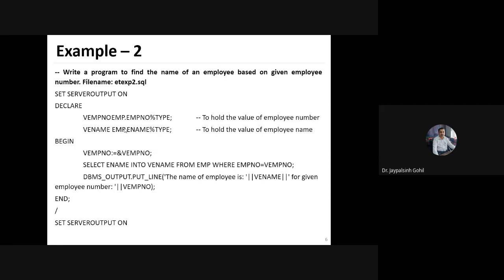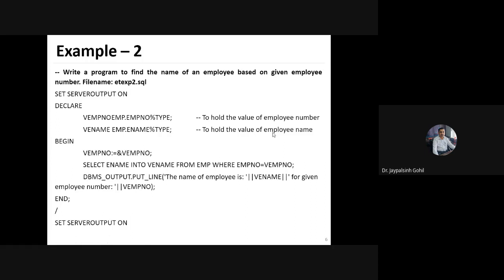If you see carefully, I have declared two variables, v_employee_number and v_ename, and I have used anchored declaration of variable. The first variable will hold the value of the employee number and the second variable will hold the name of the employee.